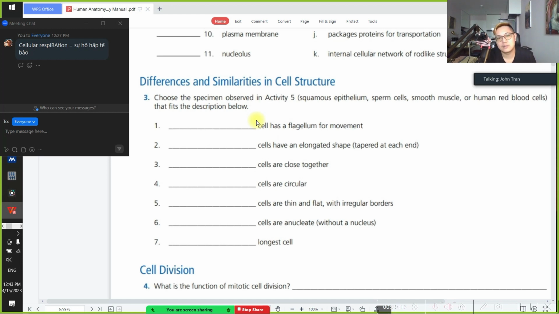Irregular borders. I think it is squamous epithelium, you know, because tế bào biểu bì da, even though they are very small, thin, flat, irregular borders, but they are close together, okay? Thầy nghĩ là squamous epithelium.